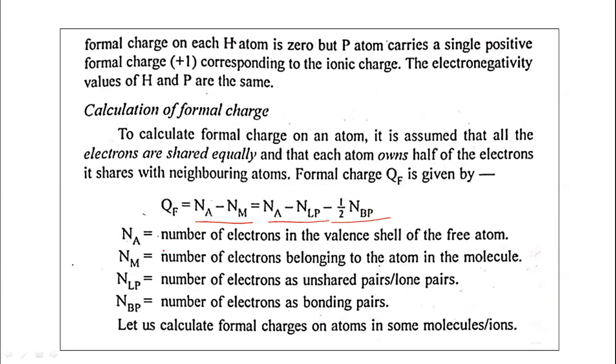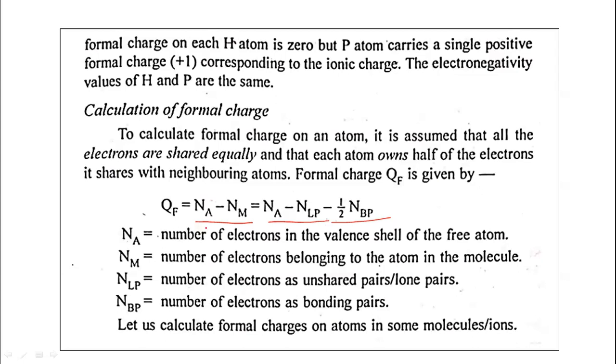Let us see what Na is: the number of electrons in the valence shell of the free atom. Nm is the number of electrons belonging to that atom in the molecule. NLP is the number of electrons as lone pair or unshared pair electrons. NBP is the number of electrons as bonding pair electrons.